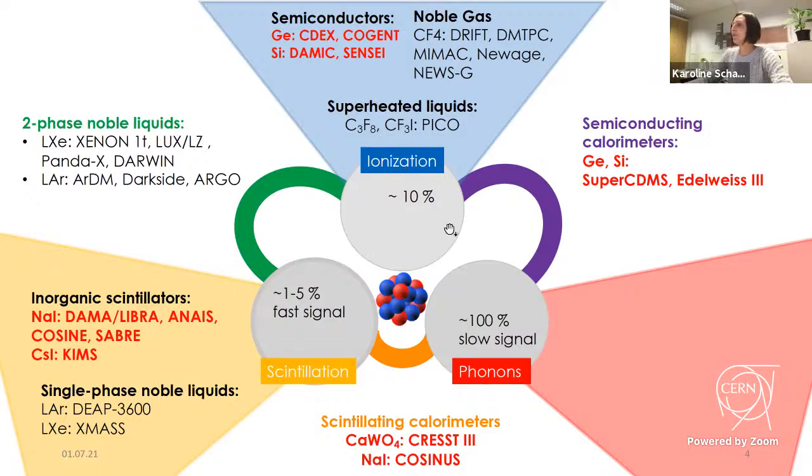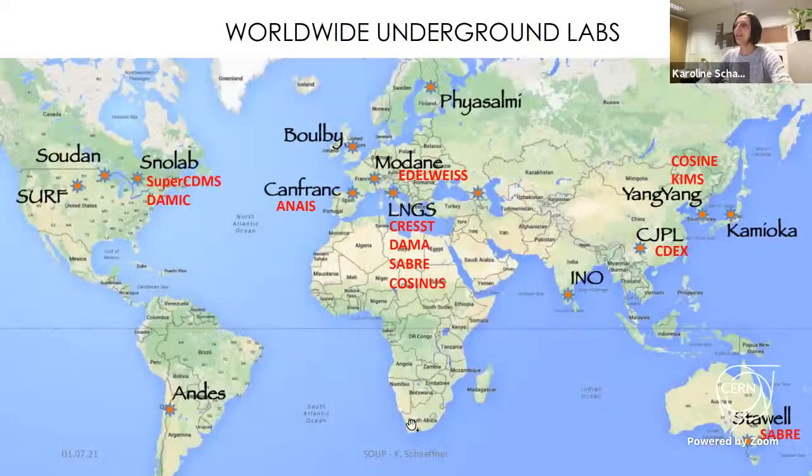Then there is dual channel readout of heat and ionization by these cryogenic semiconducting calorimeters, consisting of germanium and silicon, by SuperCDMS and EDELWEISS, and the scintillating calorimeters measuring heat and scintillation with CRESST and COSINUS. Again, these experiments are underground. They're distributed more or less and spread over all the underground labs we have in the world.